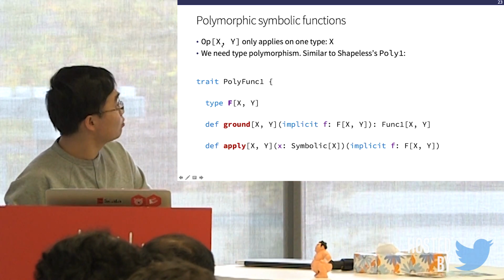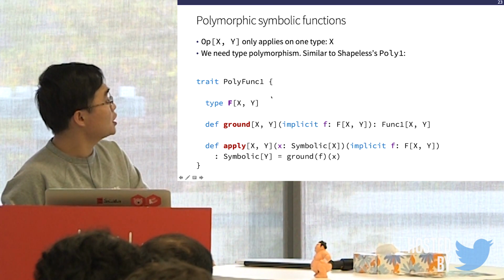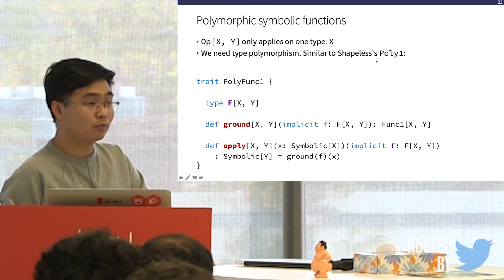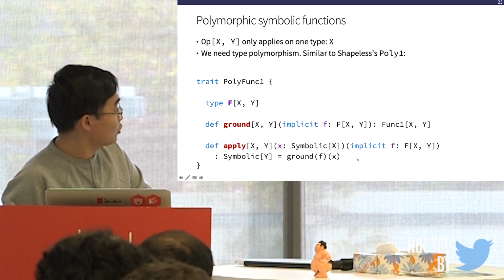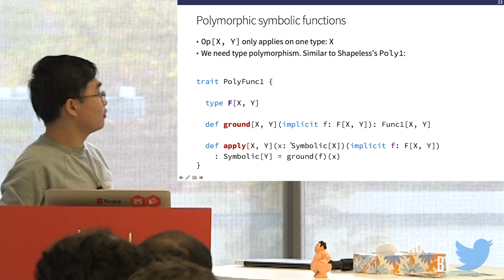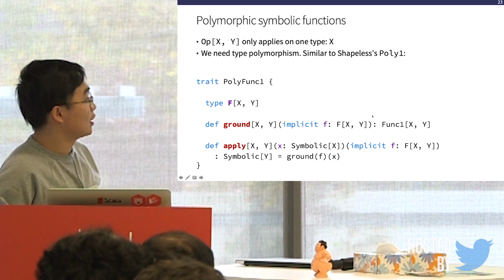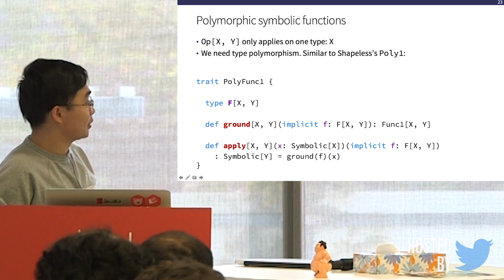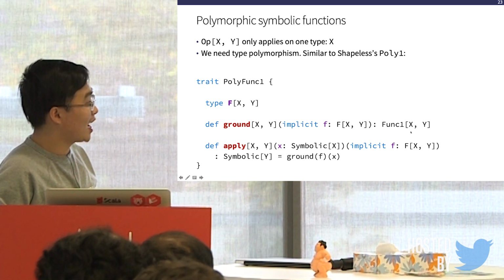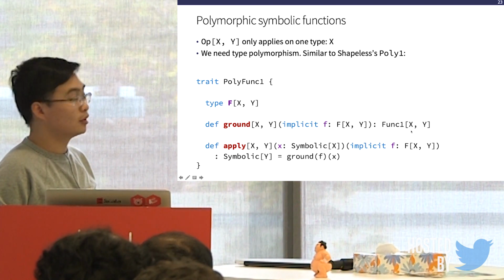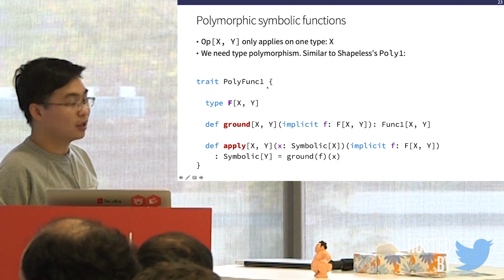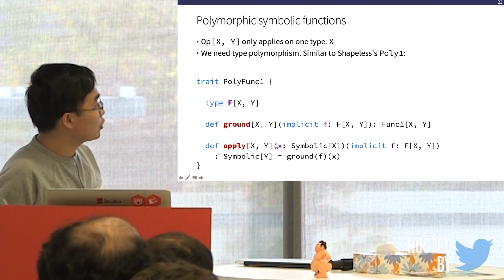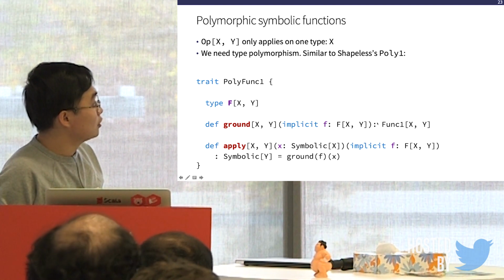So we do something called a PolyFunction. This is very similar to the Shapeless Poly, if you ever use Shapeless. So this looks like this. A PolyFunction has a ground function that grounds a given type in xy, and produces an actual function that operates on x. But the PolyFunction itself does not have any type parameters. But how can we ground this to a function?